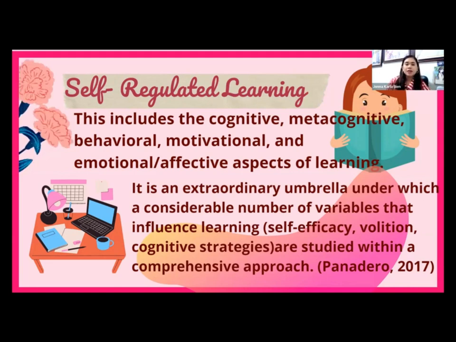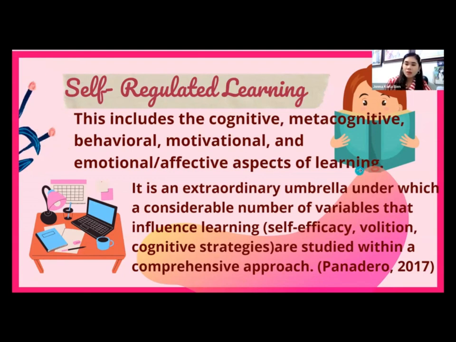And self-regulated learning is an extraordinary umbrella under a considerable number of variables which influence learning. As you could see, it includes here self-efficacy and then volition, as well as the coping strategies. And these things are being studied within a comprehensive approach.